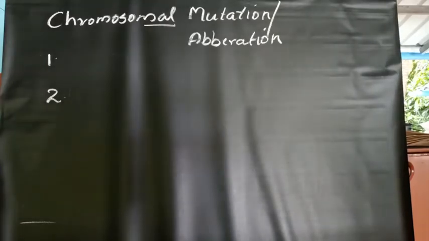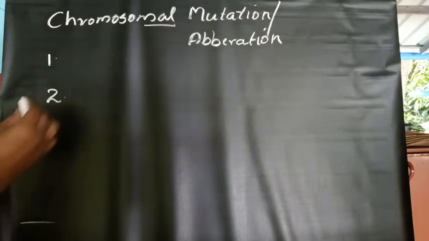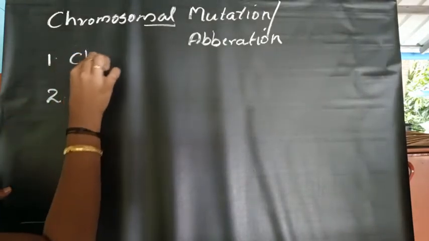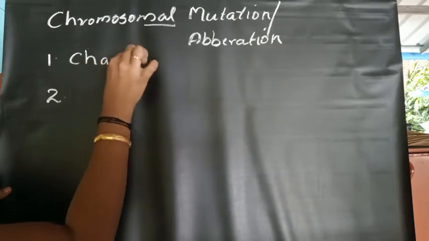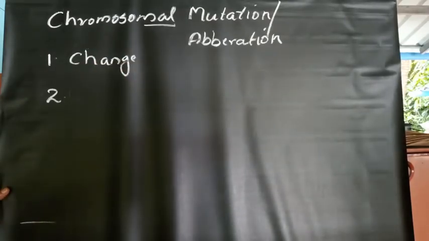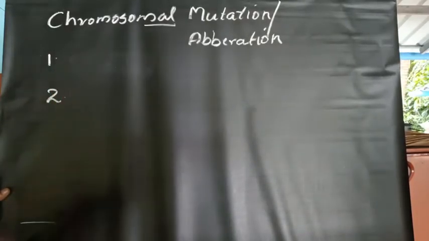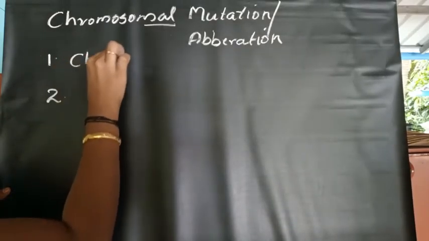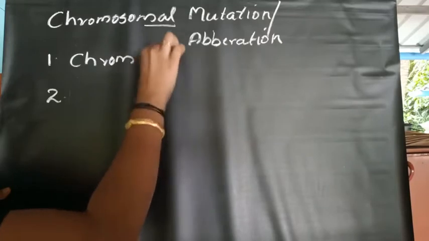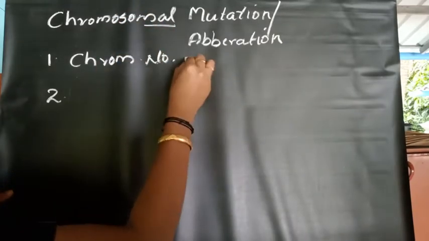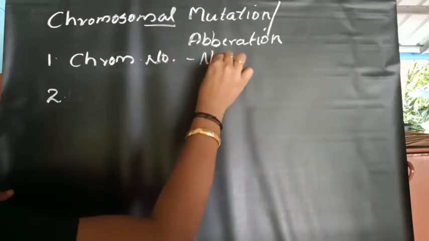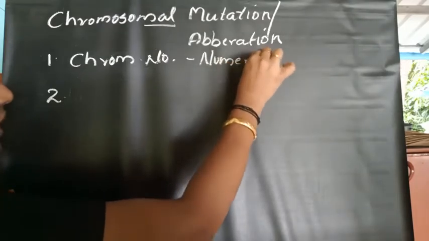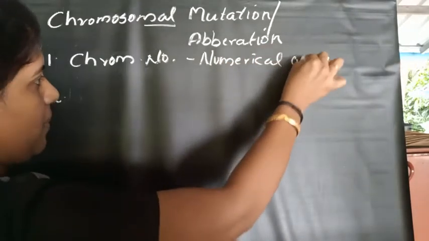Chromosomal mutation can be divided into two groups. If due to the mutation a change in the chromosome number happens, then that type of mutation is called numerical aberration.